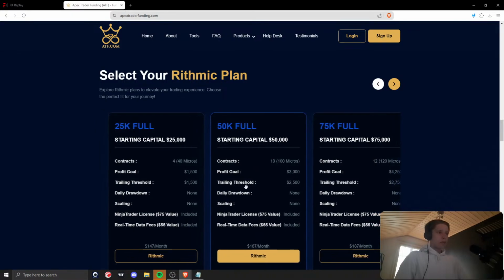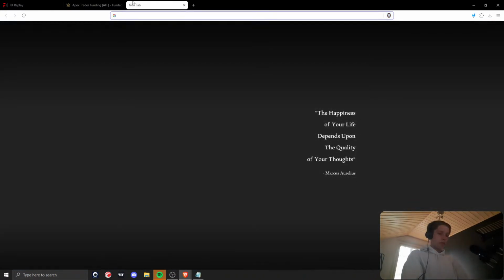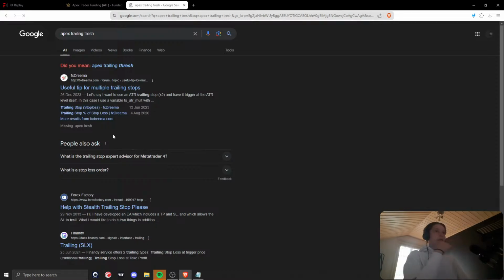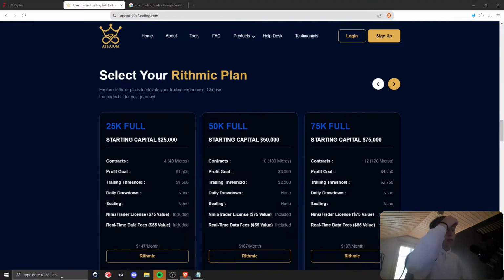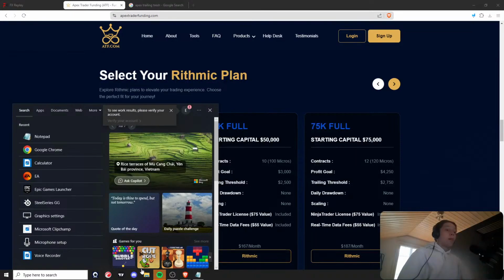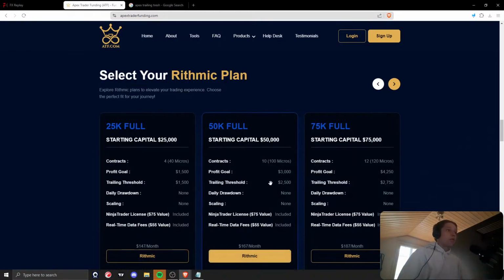As far as I'm concerned, is that what the trailing threshold means? Let's check that out. So yeah, it's a trailing stop or something. I don't know, but anyhow, that's a profit goal of $3,000.